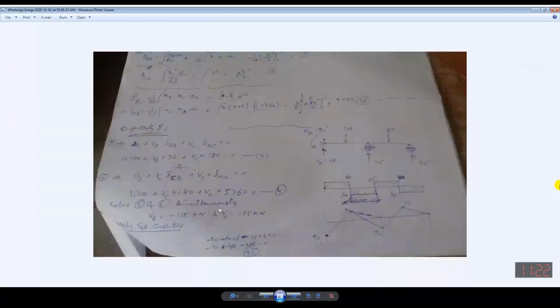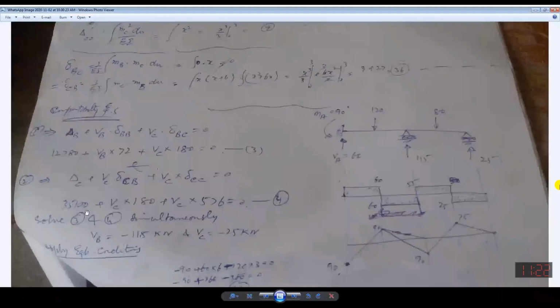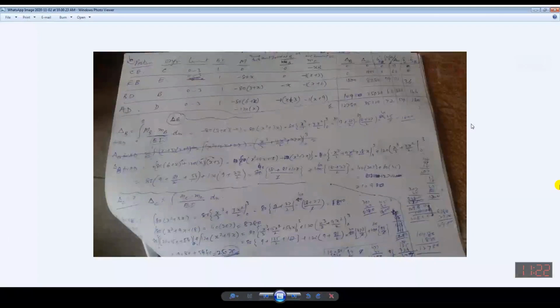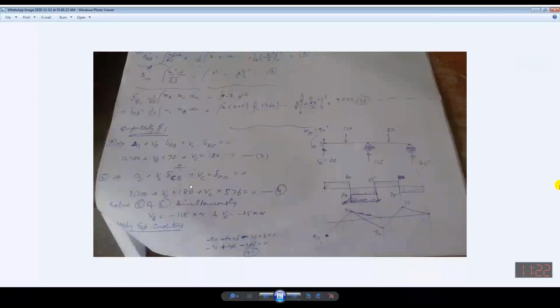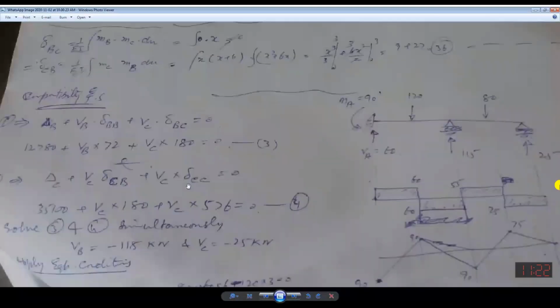For delta BB, it is 72. You can see delta BB, small delta BB, it is 72. So you will be writing corresponding values. Delta BC 180, ये भी same होगा और ये C भी same होगा under the law of Maxwell reciprocal proportion, yeah, displacement.